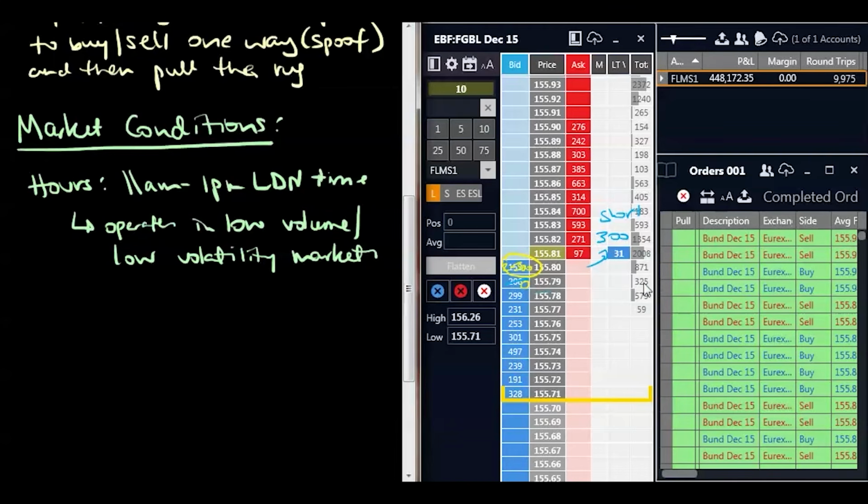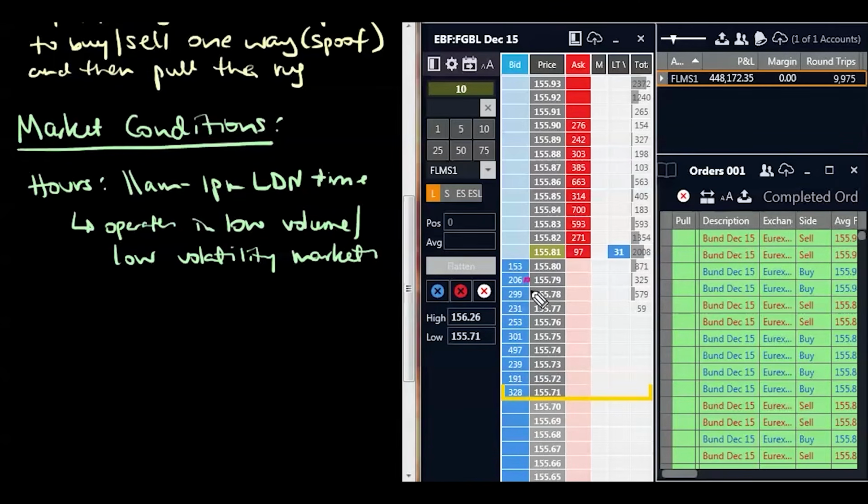And why is that? I mean, if he's now spoofing the market with 1,500 or 2,000 lot, and someone actually takes him out, it's a volatile market. If he's got 2,000 lots here and someone actually hits 2,000 lots here, he's now long 2,000 lots in a very volatile market. He's taking too much risk. So he wants to be operating in a very low volatility market.